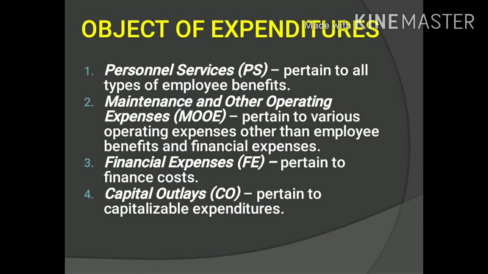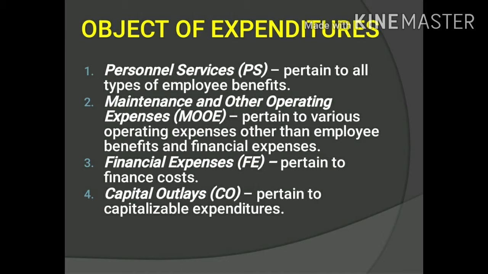Object of expenditures: 1. Personnel services, PS. This pertains to all types of employee benefits. For example, salaries and wages, clothing or uniform allowance, personnel benefit contributions such as PAG-IBIG contributions, PhilHealth contributions, etc., and other personnel benefits such as pension benefits. 2.